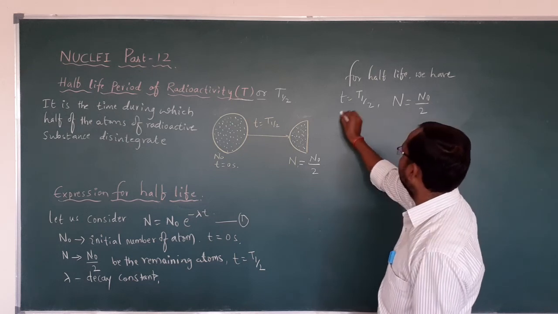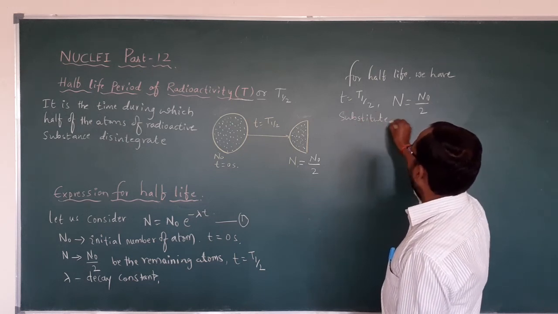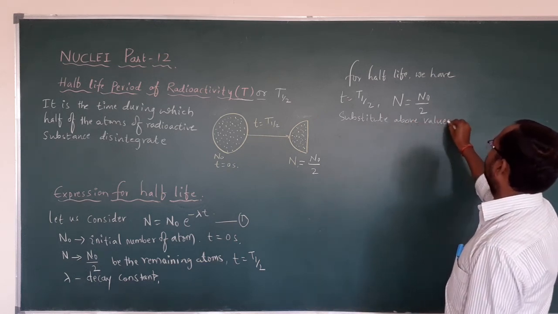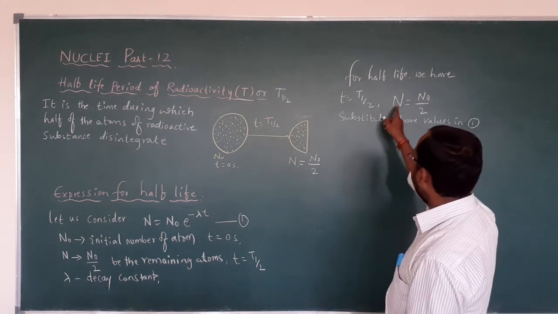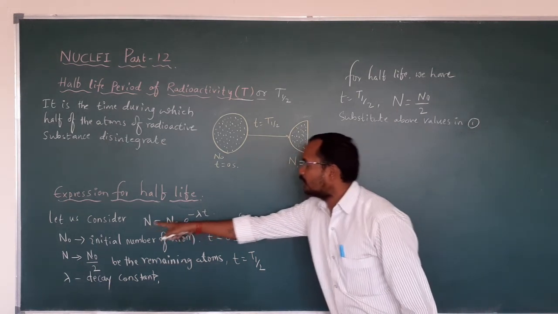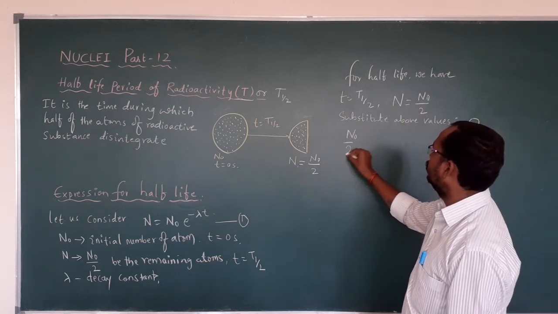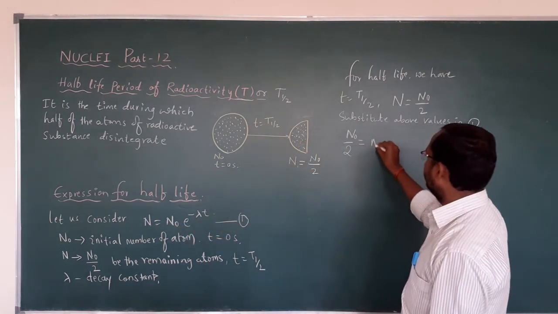Substitute the above values in equation number 1, such that where N is there, I have to substitute N naught by 2.